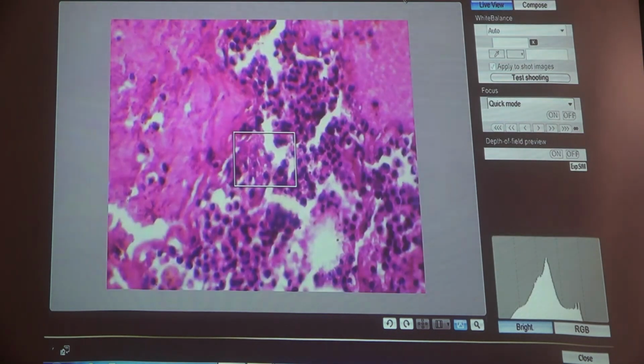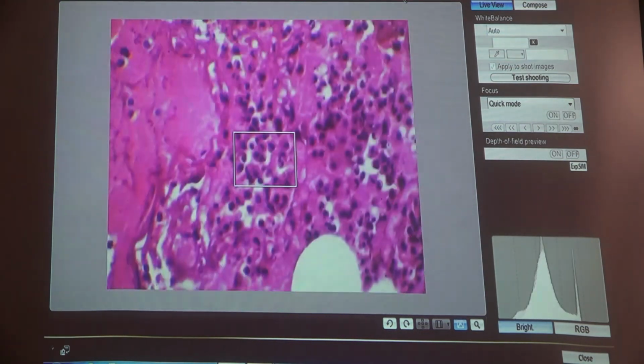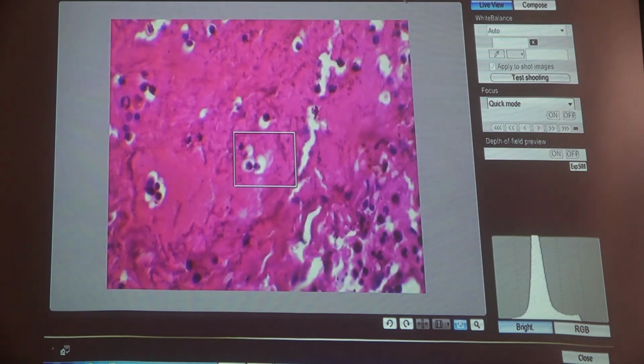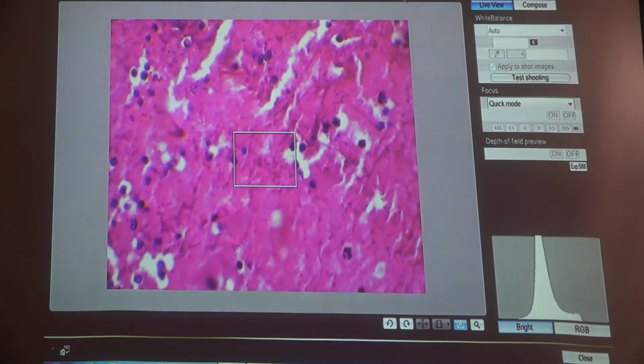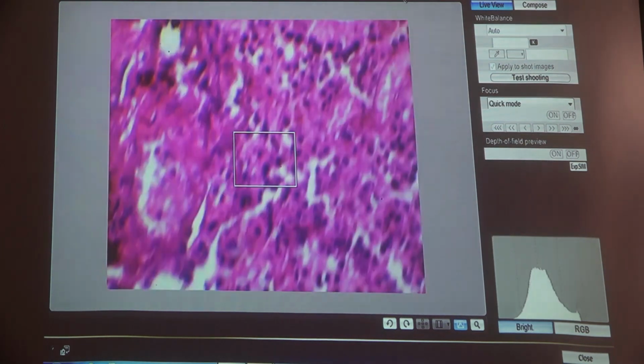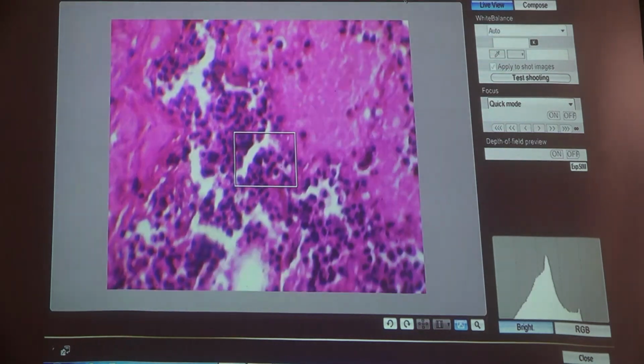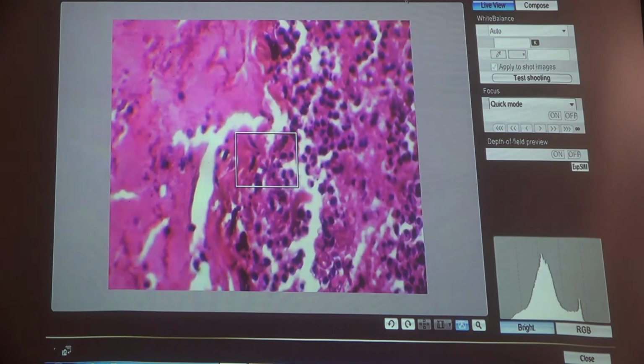lobar pneumonia. You know that lobar pneumonia is different from bronchopneumonia. Bronchopneumonia means bilateral inflammation of the lung parenchyma around the bronchioles, while lobar pneumonia, one lobe of the lung is affected.